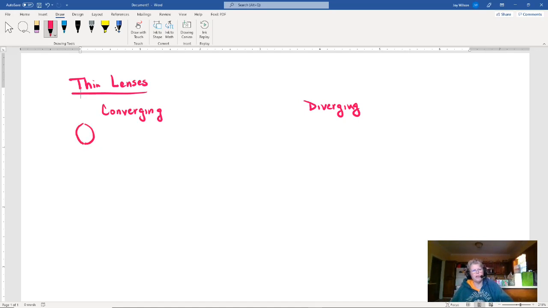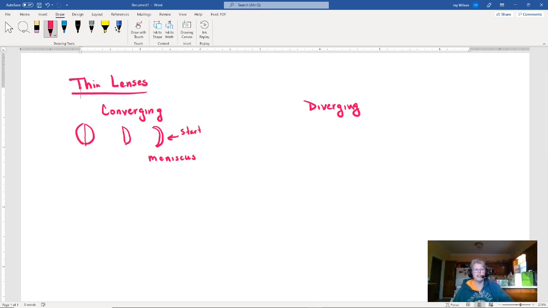The most common are double convex, so they bow out on both sides. But you could have plano convex is what we call that, or you could have a meniscus. It's called a meniscus. I left off the C. And it would be converging if this is the way you start.